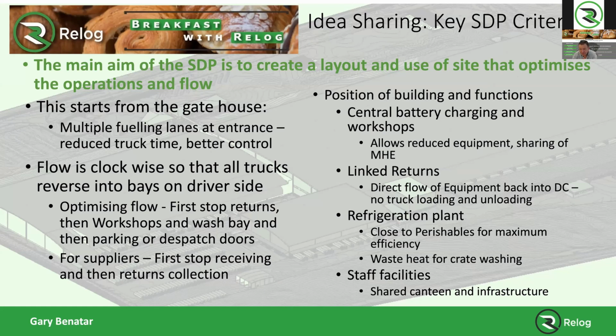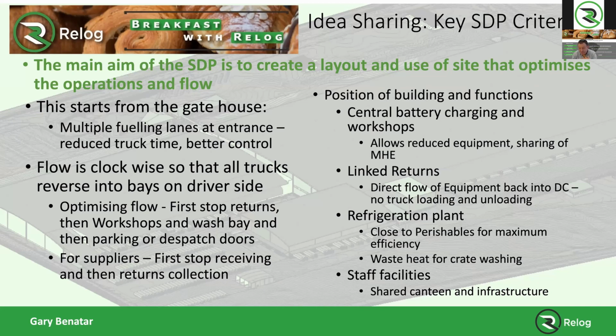The position of the building and the functions of the building. We've got battery bays, we've got returns, we've got refrigeration plants, we've got staff facilities. But if you can design a site in such a way that you can, for example, have a central battery bay and workshop, you can share equipment, you can reduce duplication. If you can link your return center into the DC, you don't have to load product back on trucks to get it between buildings.